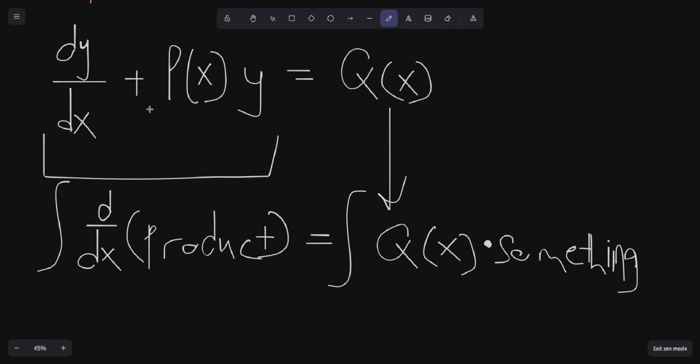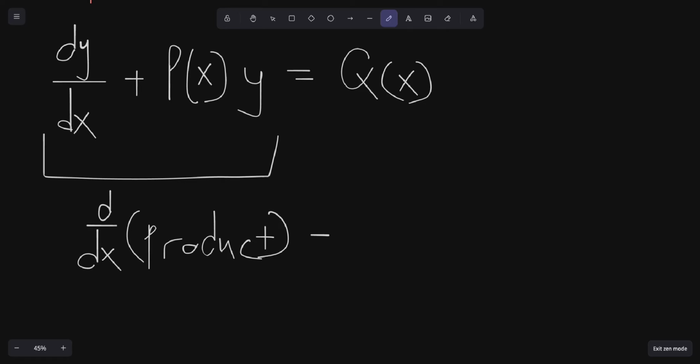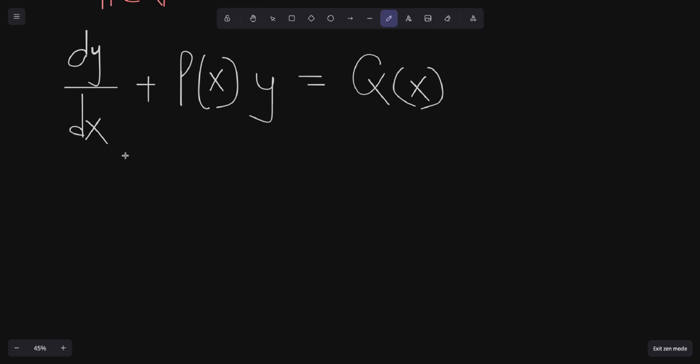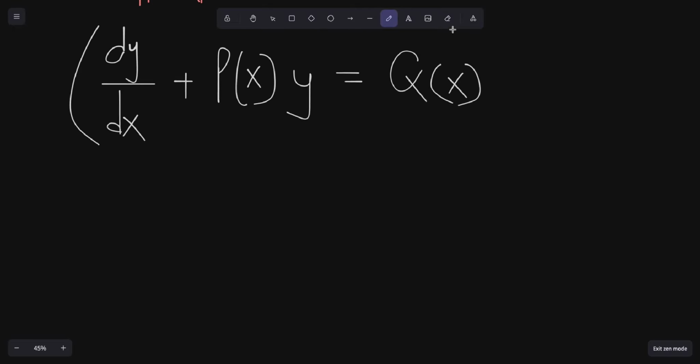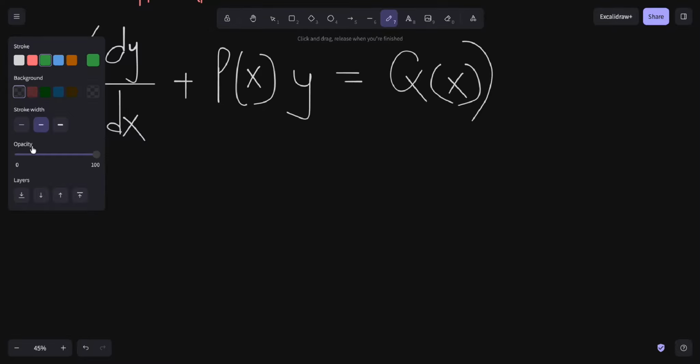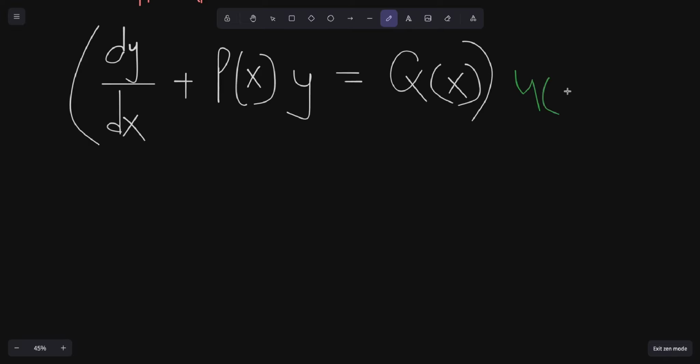But how can we turn the left-hand side of our equation into some kind of product rule? All right, how can we do that? So let's start out by multiplying the whole equation by some function. We don't know what that function is, but I'm going to call it u of x. So we're going to get u of x times dy dx.